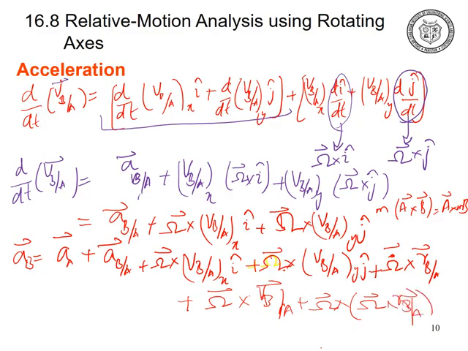So in this equation, as can be seen here, this is omega cross vb A x and this is omega cross vb A y. So we can take omega as common, and I can write this in the next slide.